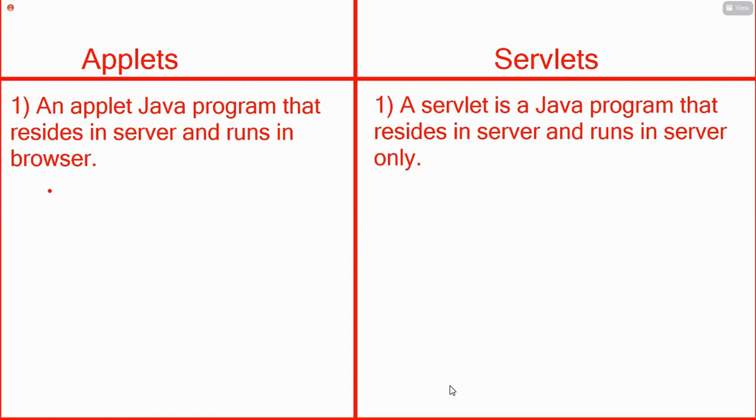An applet is a Java program, right? An applet is a Java program that resides in server and runs in browser. A Servlet is a Java program that resides in server and runs in server only.